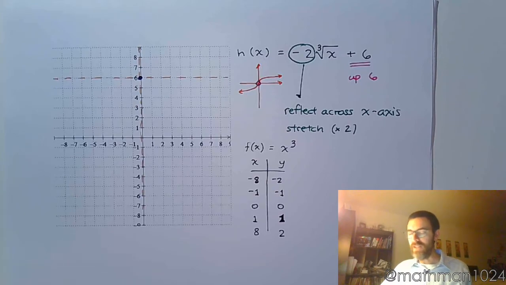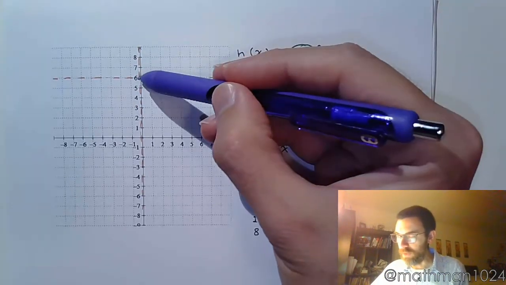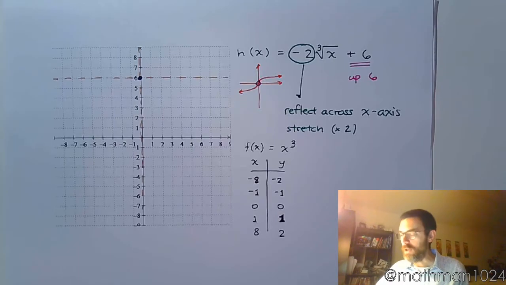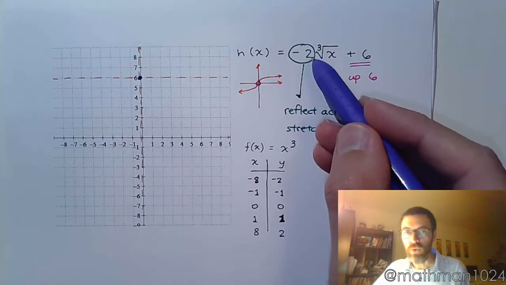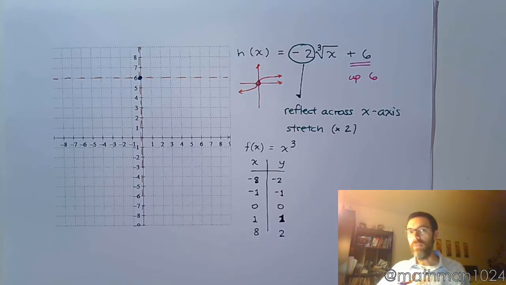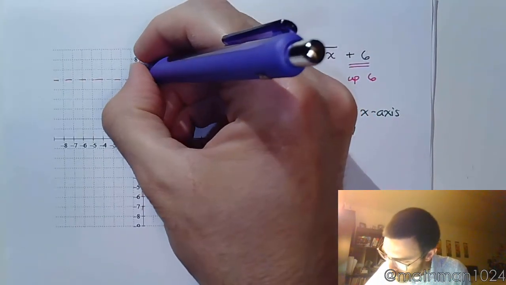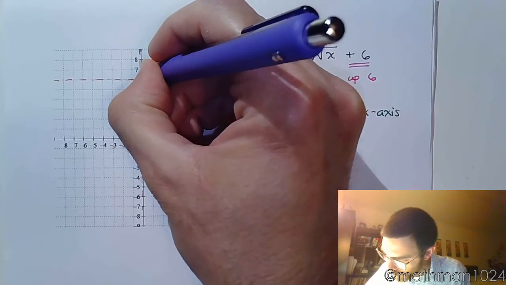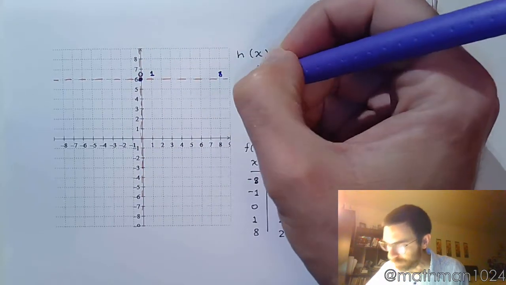So we're going to take these and plot them relative to this, but there's going to be a bit of a change here. We've got a -2 in front, so it's going to take these and turn them upside down and then stretch them by 2. So here's 0, I would next care about 1, and then I would care about 8.